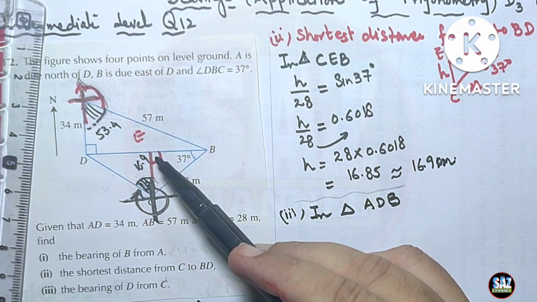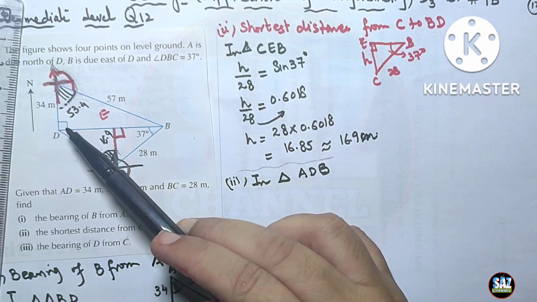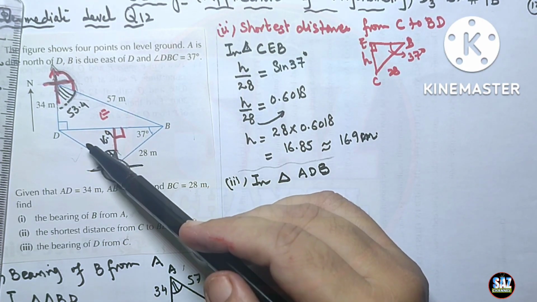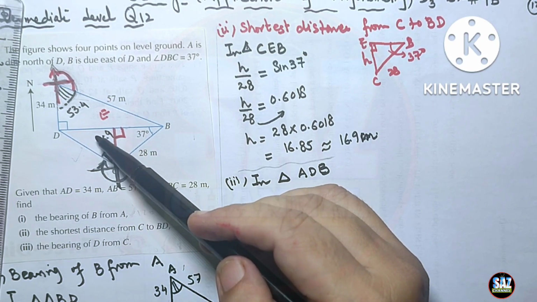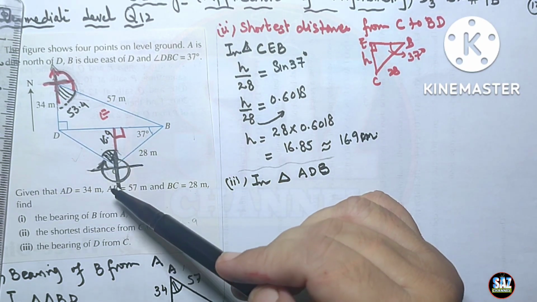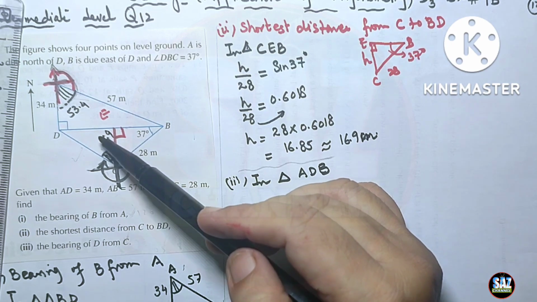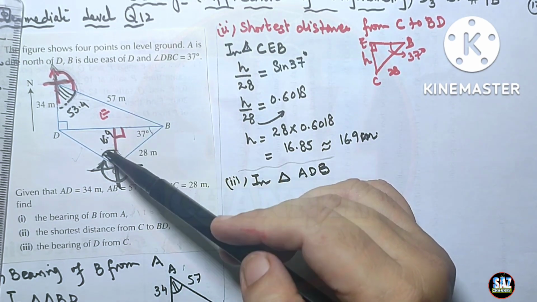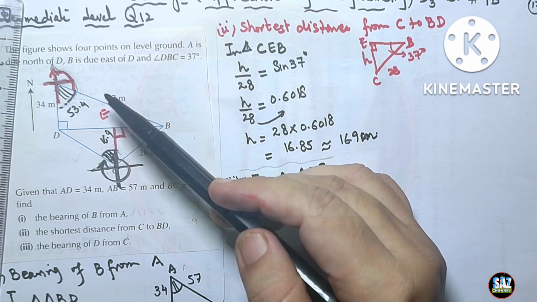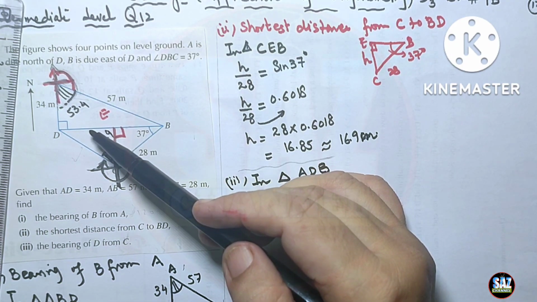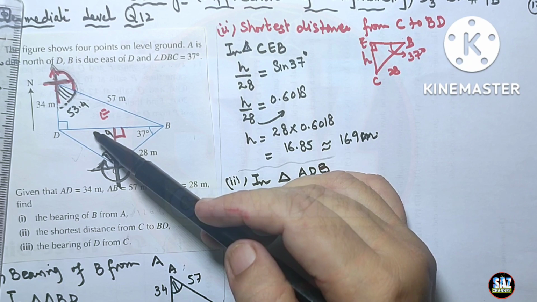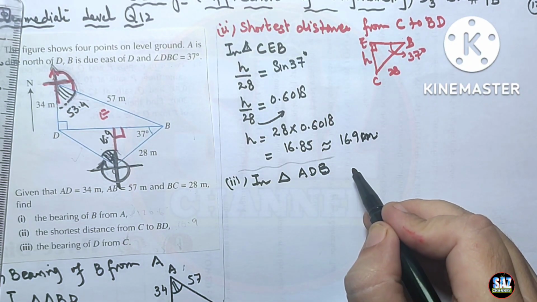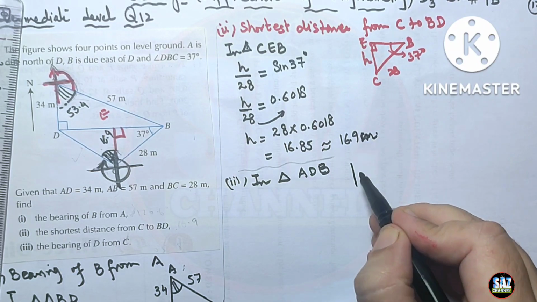Either I need side DB, and I can apply tangent, opposite upon adjacent, or opposite upon hypotenuse, which is sine. It's up to you. I am applying Pythagoras theorem so that my students can recall Pythagoras easily. It's up to you, students, no hard and fast rule.